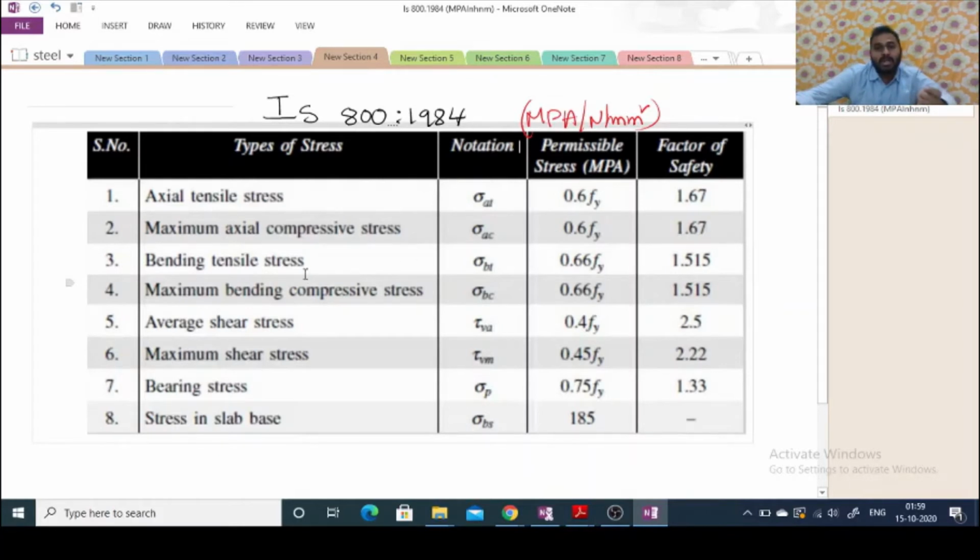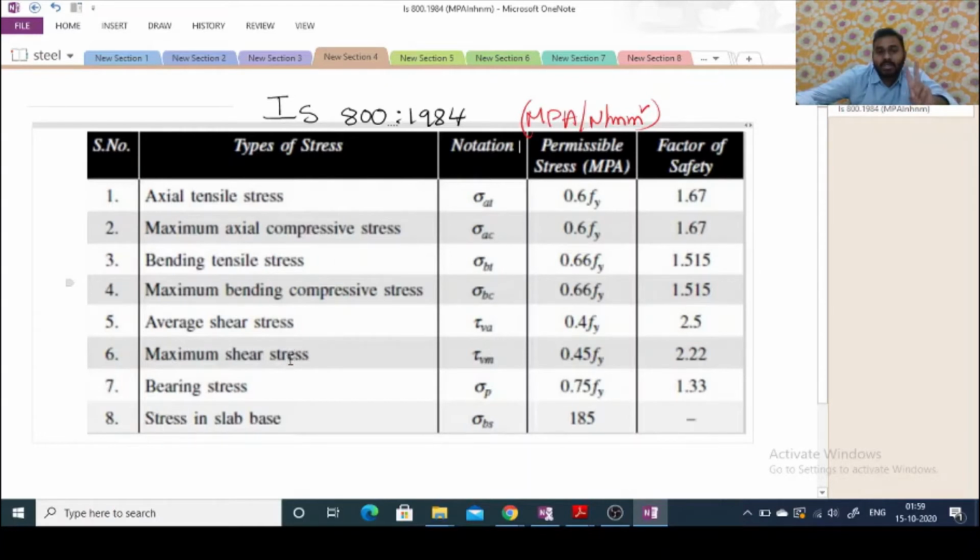Now for bending tensile stress, we represent it with sigma bt, meaning bending tension. Permissible stress in bending tension is 0.66 Fy, meaning 66% of yield stress, and the factor of safety is 1.515. For maximum bending compressive stress, we represent sigma bc, which is also 0.66 Fy, and the factor of safety is the same, 1.515. Now coming to the average shear stress and maximum shear stress.